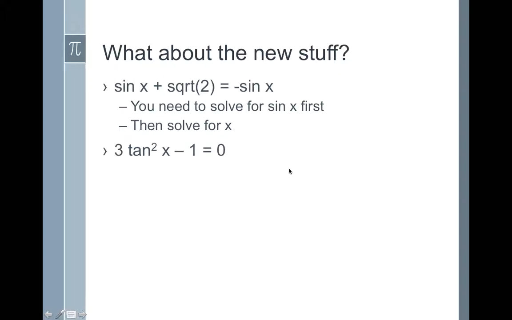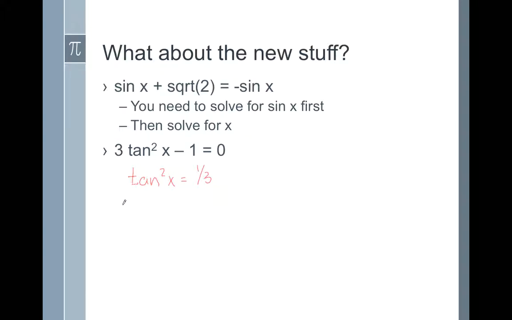We get, just like I had earlier, 3x minus 1 equals 0. So here I have 3 tangent squared minus 1 equals 0. So I'm going to add 1 and divide by 3. This means that tangent squared is equal to 1/3. Oh, I forgot to put the square on the last problem, but that's okay. Add 1, divide by 3, get 1/3.